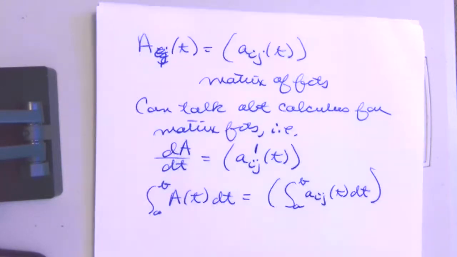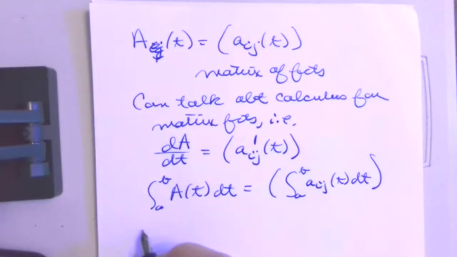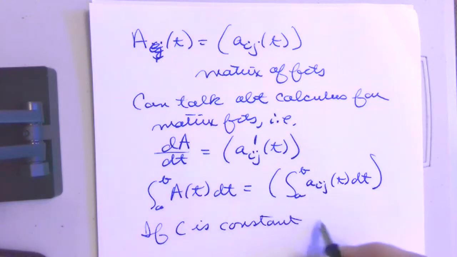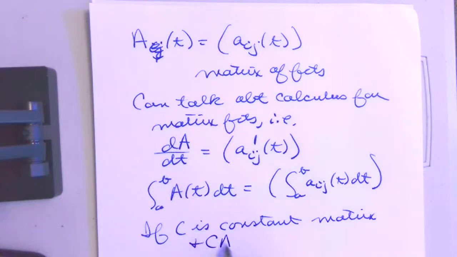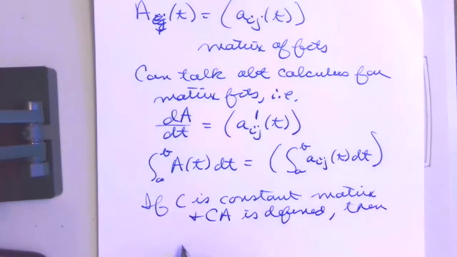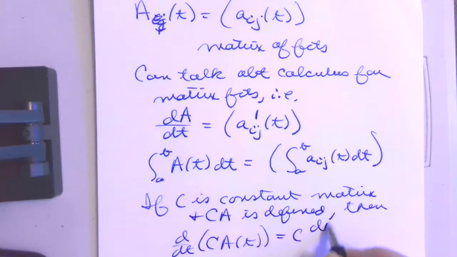If C is a constant matrix, and CA is defined, then the derivative with respect to t of CA(t) is C times dA/dt.